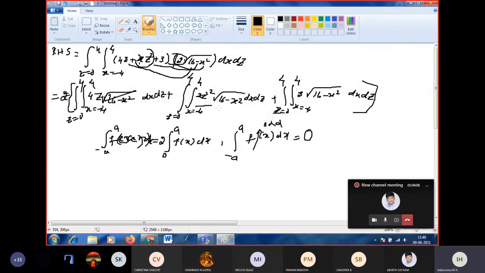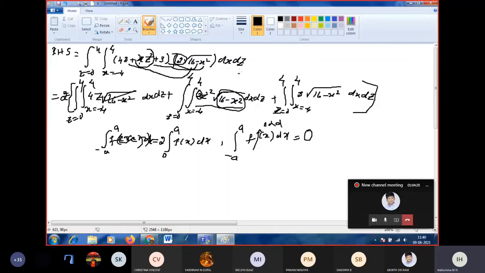So come to the second integral, root of 16 minus x squared. Is it even or odd? Even. So how will you find whether the function is odd or even?